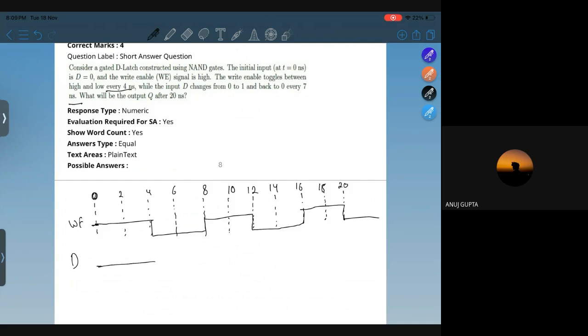We will find a clock pulse here, so it will go to 1. And we'll go like this for the time, 2, 4, 6.